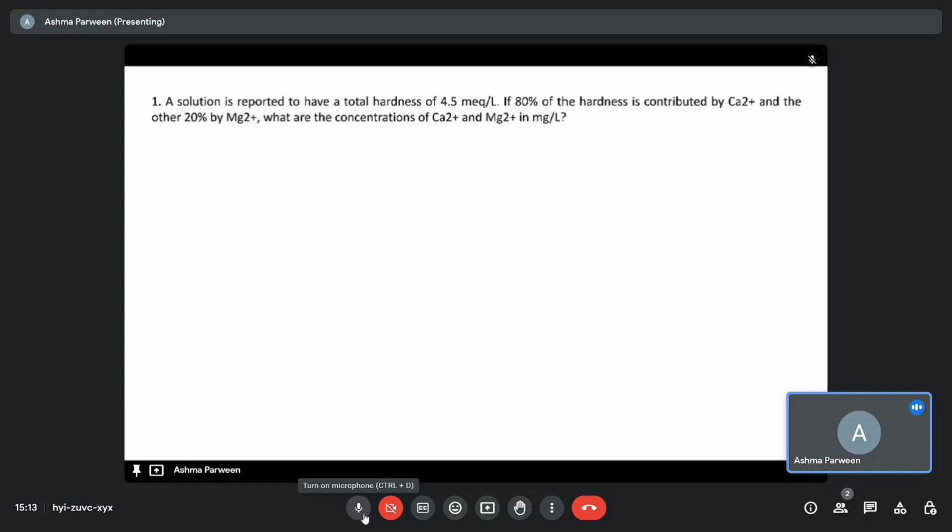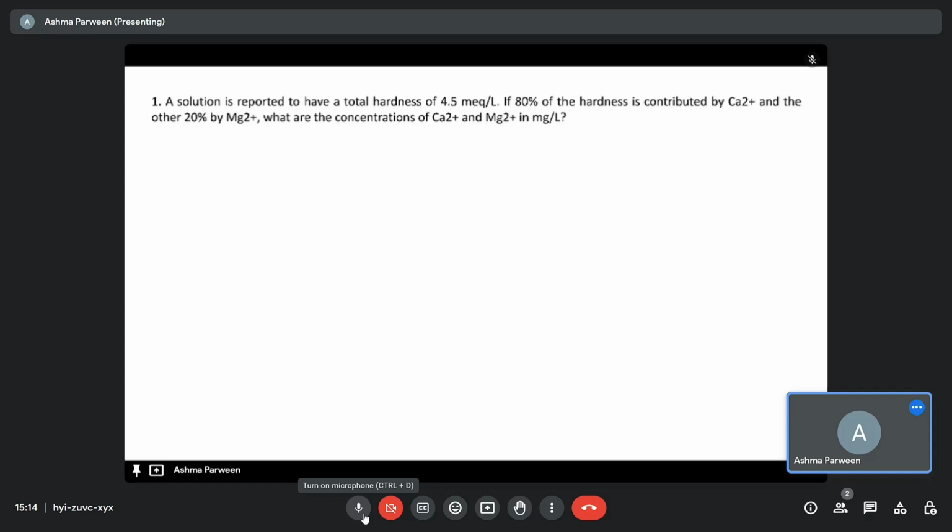So we have been given the total hardness, and around 80% is due to calcium and 20% is due to magnesium. We have to simply convert the concentration from milliequivalents per liter to milligrams per liter. We have seen this type of question in the week 1 or week 2 assignment questions.